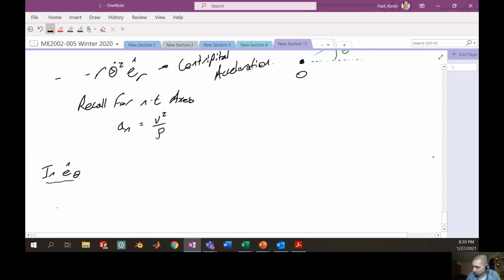Okay, so the first term that we see here is r theta double dot e hat theta. This is more or less the angular acceleration multiplied by the radius, or the distance out to that point. And so this has got flavors of, all right, sweeping the arc length of a circle is r theta dot. Now thinking about giving an acceleration to this particular arc length would be r theta double dot. So this here is the tangential acceleration.